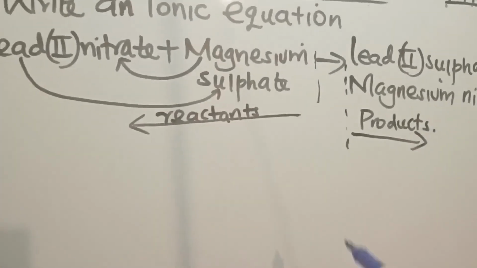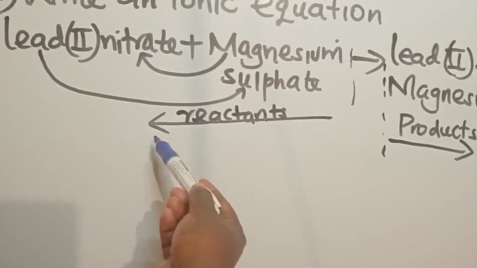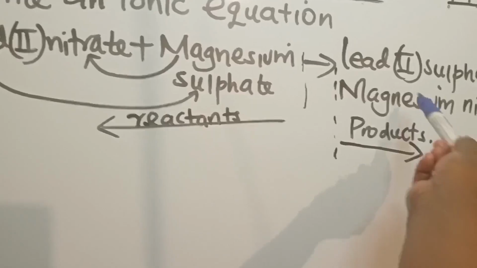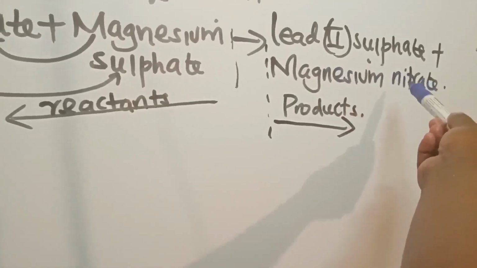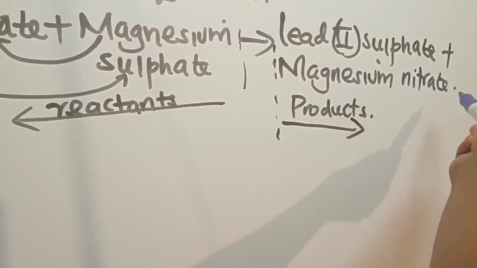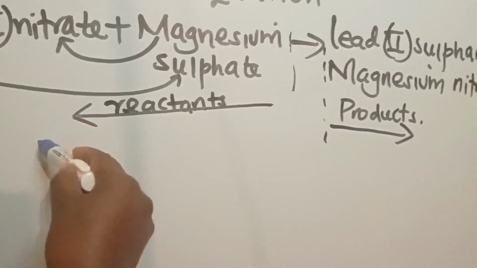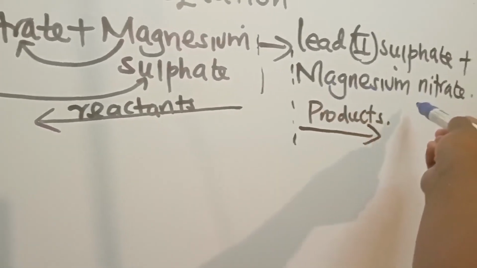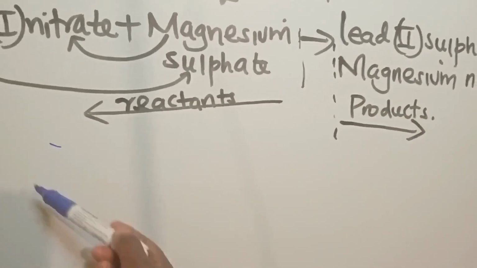There is no product that should spill to the reactant side. If you feel that your space is not enough and that any product cannot fit, you cannot bring it to this side. For example, if magnesium nitrate could not fit on that direction, you cannot bring it to the reactant side.